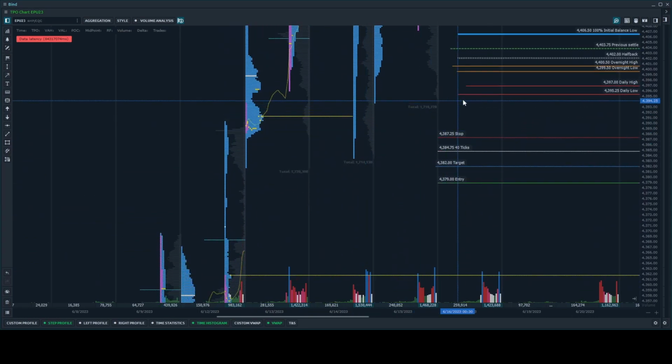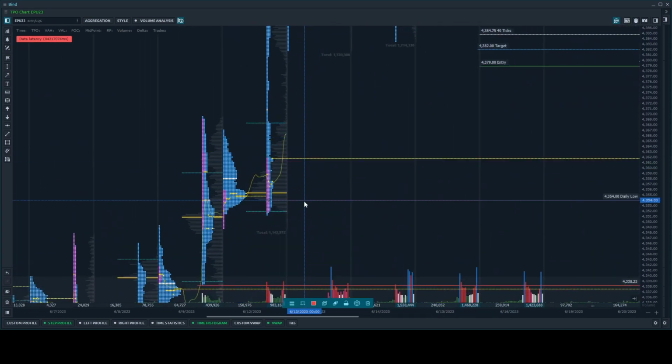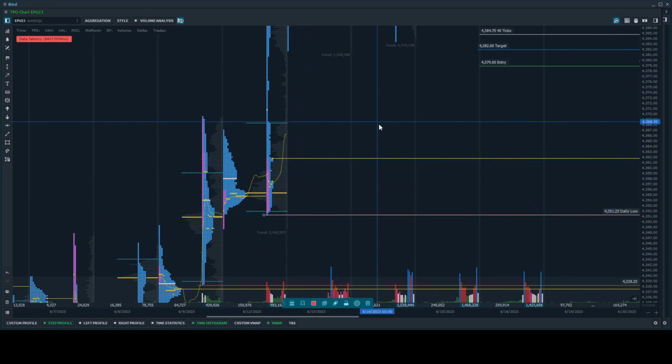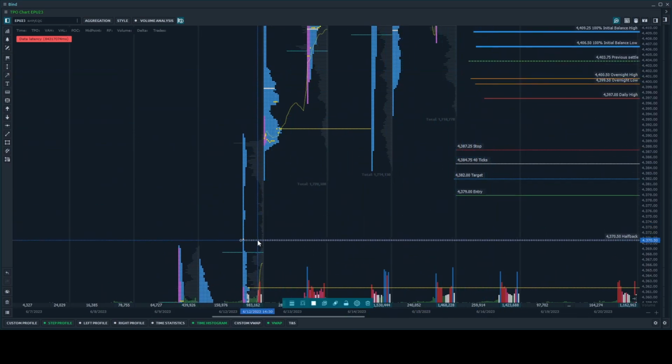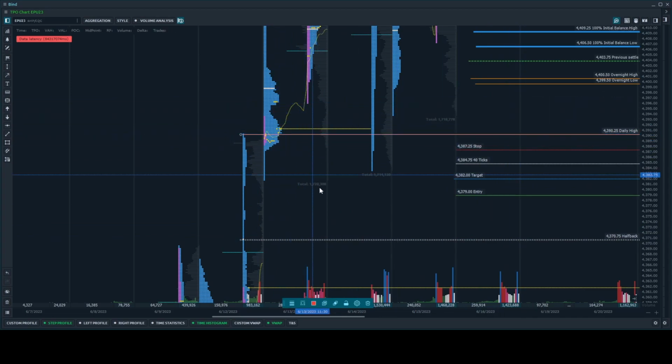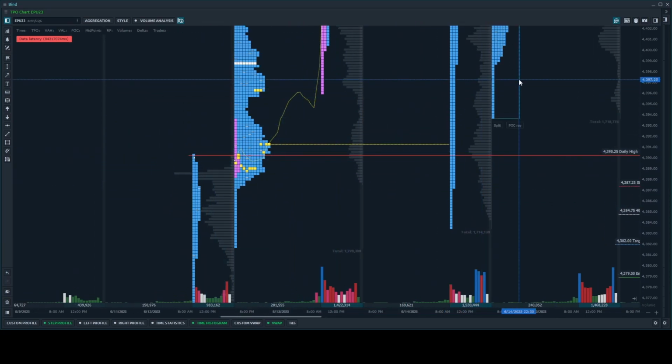The first thing you would do is grab your daily low, bring it down here. Grab your half back for yesterday, right there. Grab your daily high, that's going to go here. You might have to zoom in just a little bit to find your settle, which is right here at this triangle.